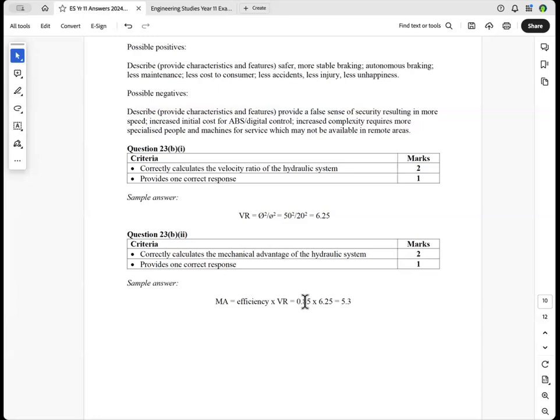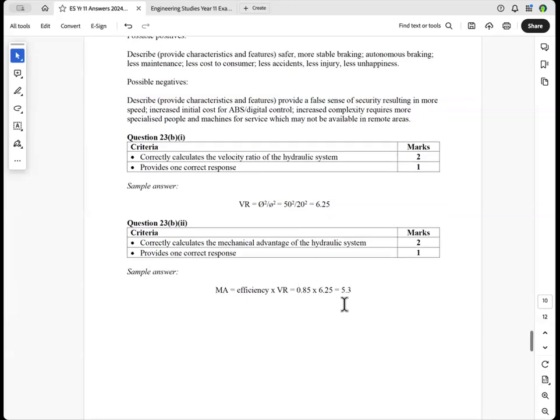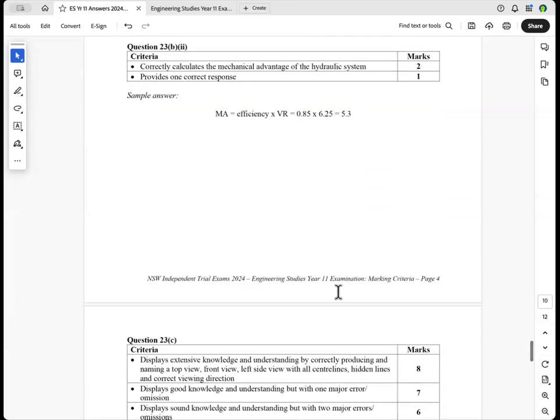It's got to be 0.85 multiplied by 6.25, that equals 5.3, the mechanical advantage. And as I said, if you got this wrong up here and used an incorrect velocity ratio, but you got your right answer there, you still got 4 marks because you can't be double penalized.